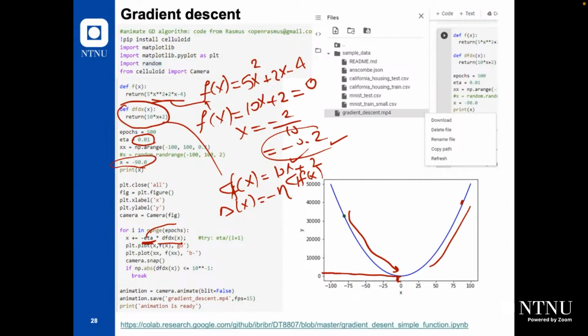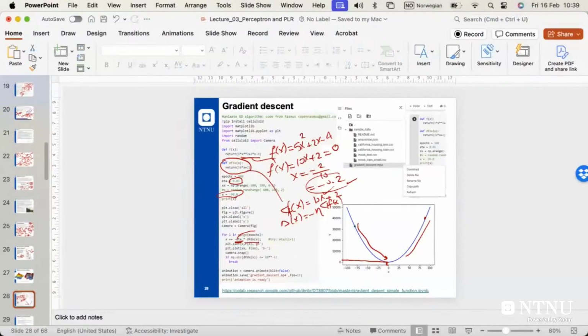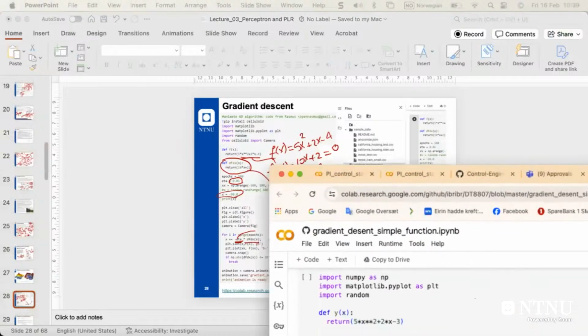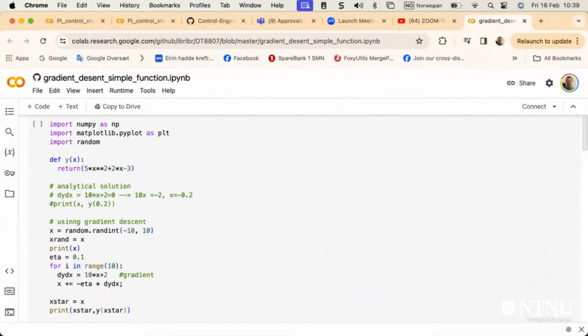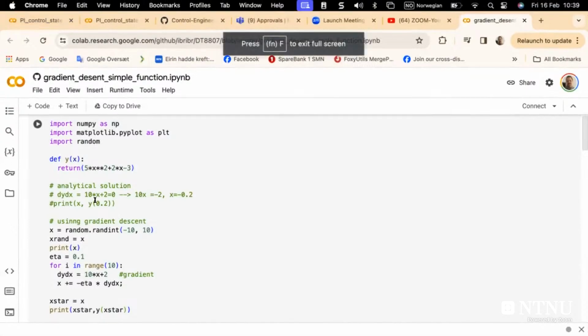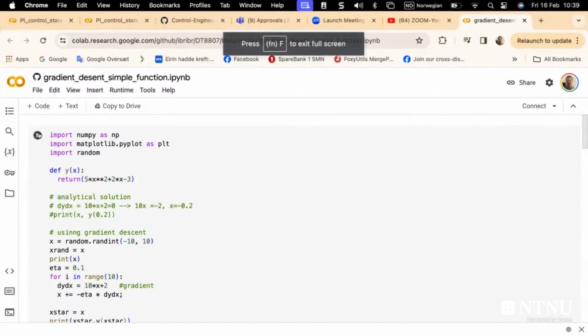You have it in the chat, please, so you can just open it. It's just a very simple example, just to show you. So we will run it here.